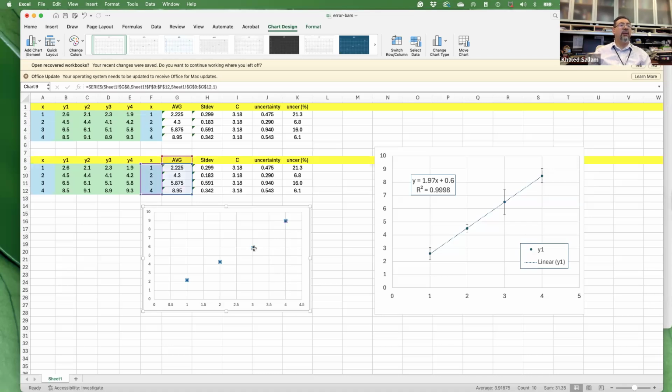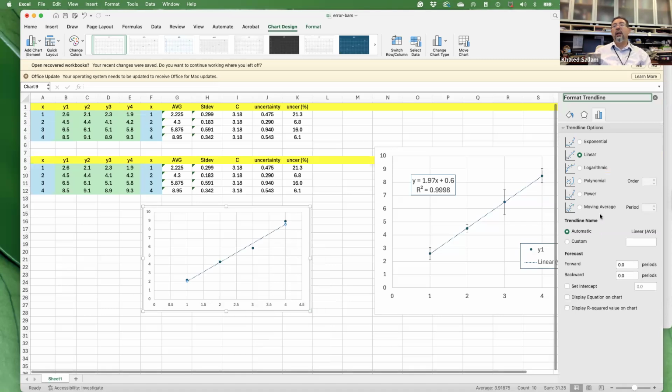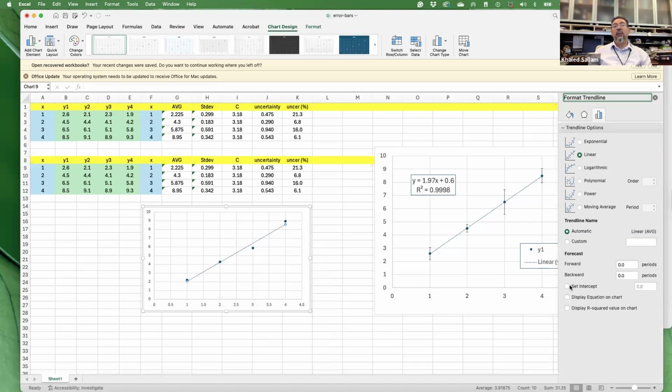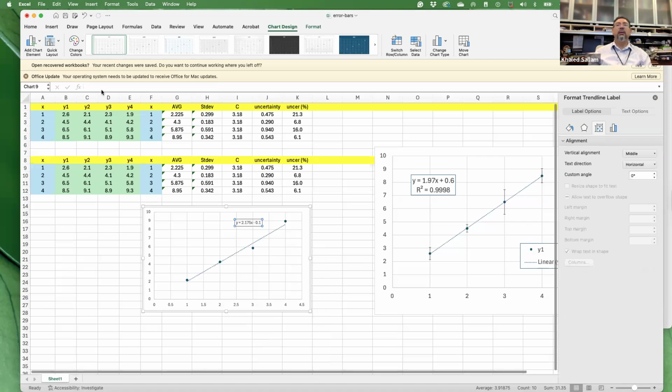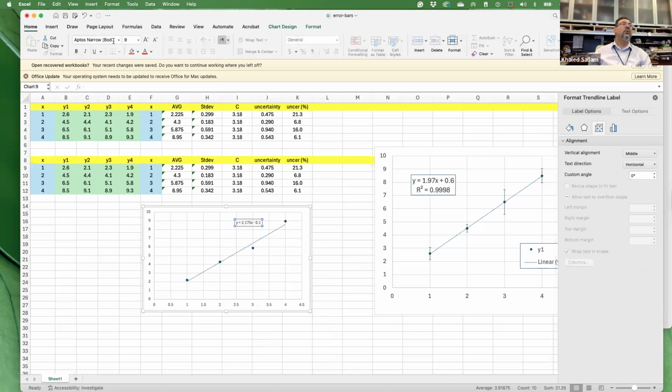So for the linear fit, right click and add trend line. I'm going to pick linear, and we can see the equation here, right? It's too small, so I'm going to make it a little bit bigger.